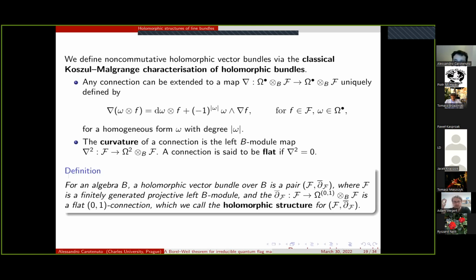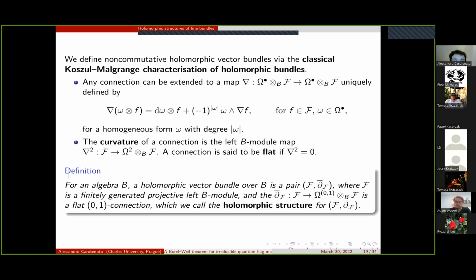Yeah, right. But classically there is a condition for this curvature being of the type 2-0 or something like this. You don't have this condition for this connection here.